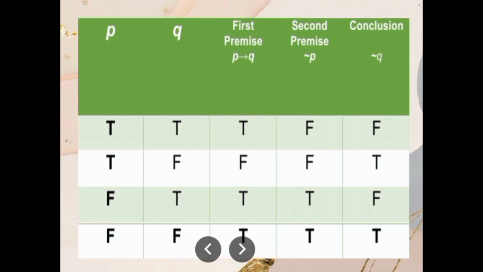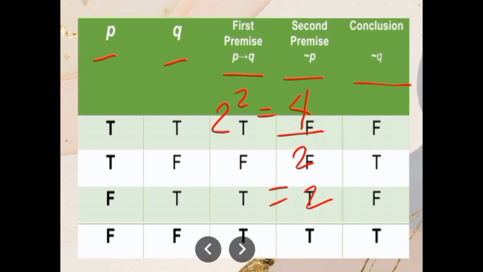In each column we have P, Q, first premise which is P implies Q, second premise not P, then conclusion not Q. So to get the value of column P, we need to calculate this: 2 squared is equal to 4, divided by 2 which is equal to 2. That's why we have 2 true and 2 false. Next column Q, we will just divide 2 by 2 which is equal to 1. Then we have true, false, true, false.